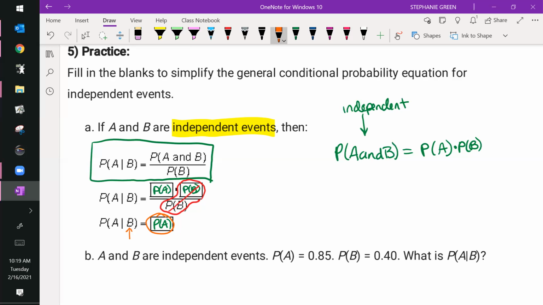You're not more or less likely to live in Alaska, given that you're a certain age, right? So what is the probability of living in Alaska, given that you're 16 years old? Well, it would just be equal to the probability that you live in Alaska for any individual of any age, because age has no effect on where you live. So that's why that is.